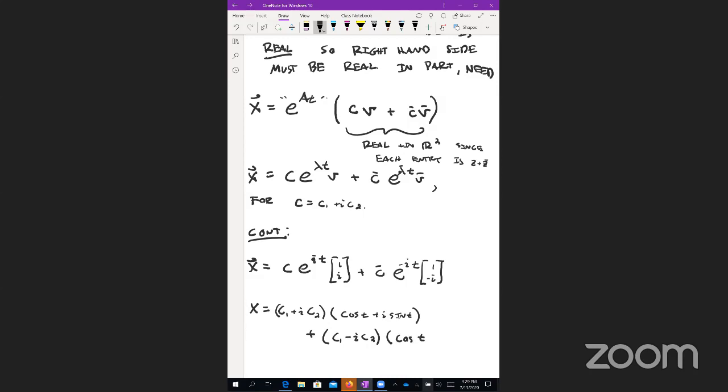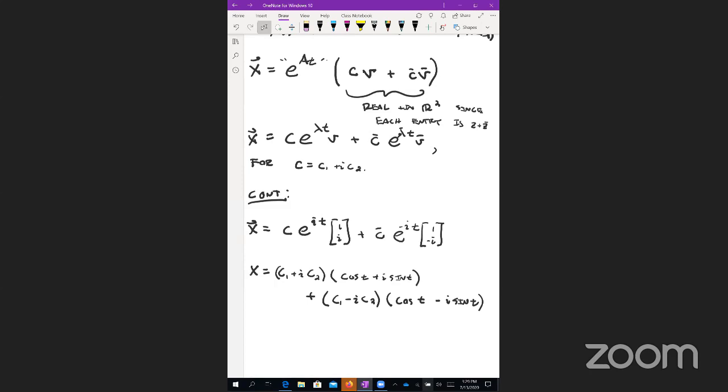Cosine is symmetric with respect to 0, so cosine of minus t is cosine of t. Sine is anti-symmetric, so sine of minus t is minus sine of t. So it's minus I sine t times 1, minus I. And let's just do the multiplication out, right? So, secretly, we know that it has to just be the real part of this, because that's what adding something to its complex conjugate does. It's just going to be 2 times the real part.